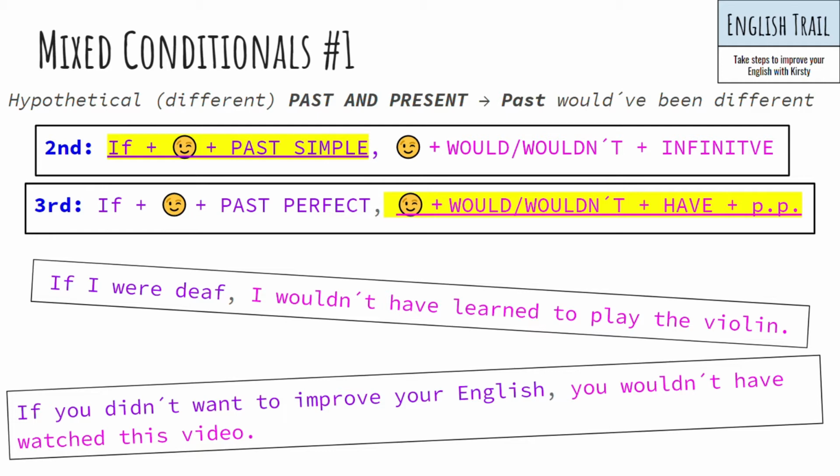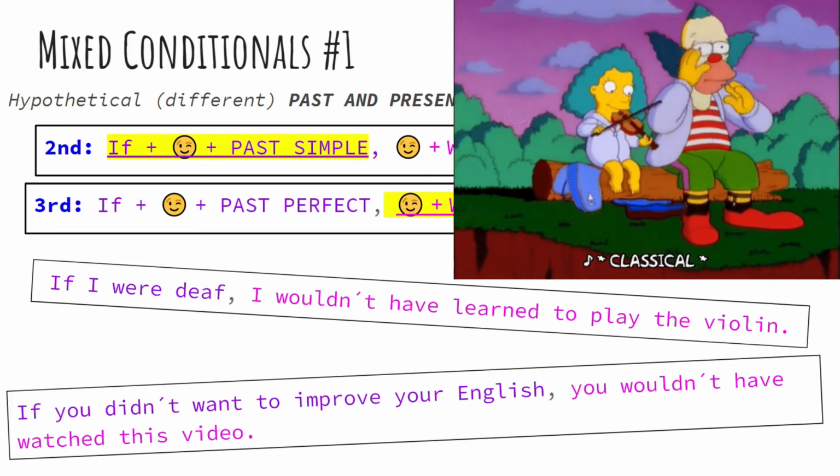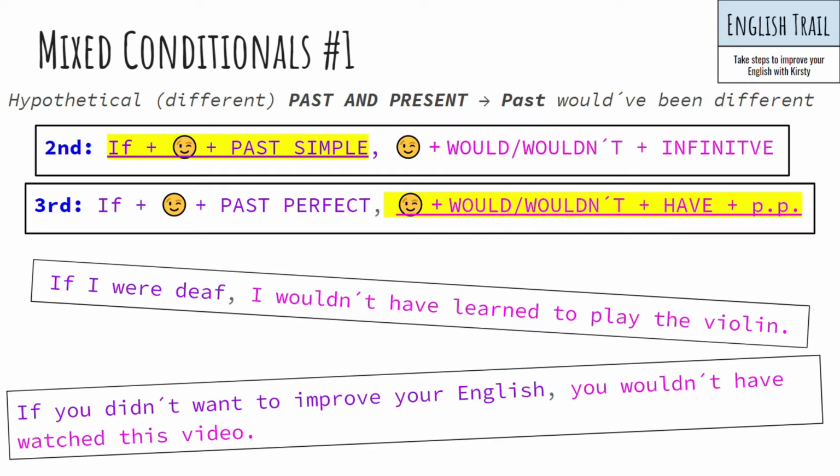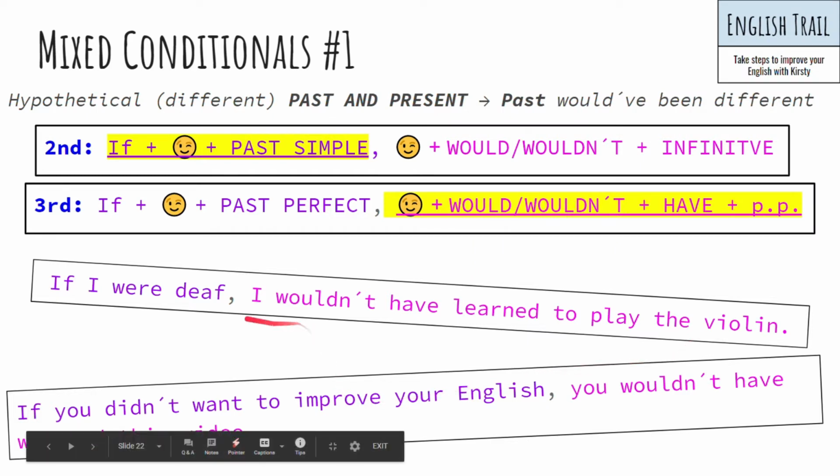For example, if I were deaf now and in the past, probably I wouldn't have learnt to play the violin as a child or as a teenager. Maybe I would, but it's unlikely. So if I were deaf, I wouldn't have learnt to play the violin.